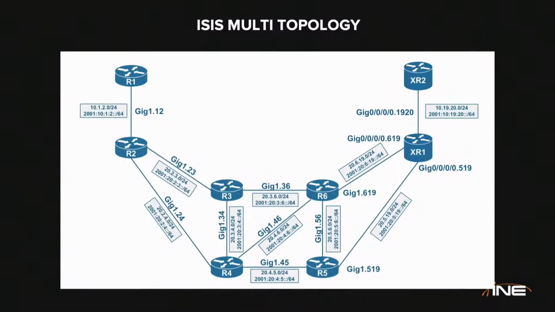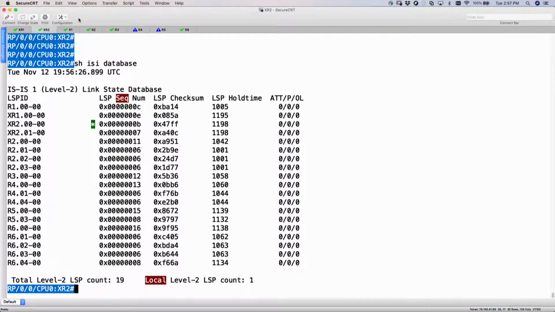So for going from the top path, I would go and increase the cost for IPv4 on the link from R3 to R4, on the link from 2 to 4, and maybe on 4 to 6 and 4 to 5. I would increase that cost for IPv4, but not for IPv6. So let's try and do that first.